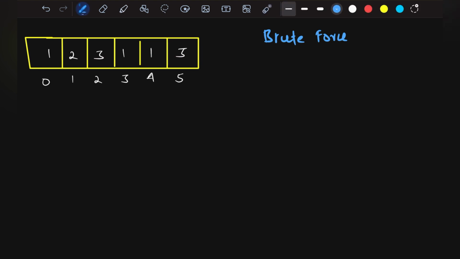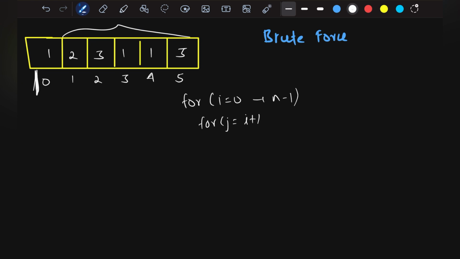Therefore how can we do this? I will run two loops, that is i from 0 to n minus 1, because I need to start from this index, right? And another loop just to check the remaining ones. Therefore I will use j equal to i plus 1. Why i plus 1? Because in the question it is clearly stated that j must be greater than i. And this will also go till n minus 1.